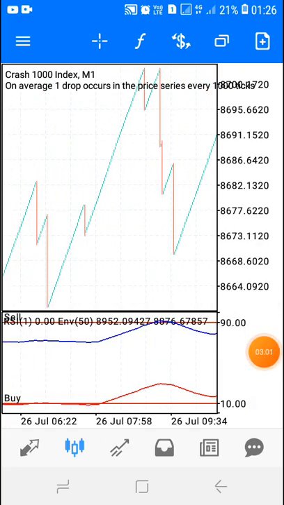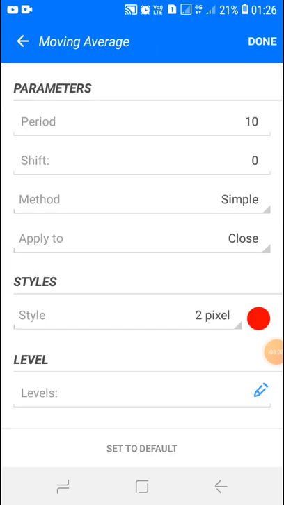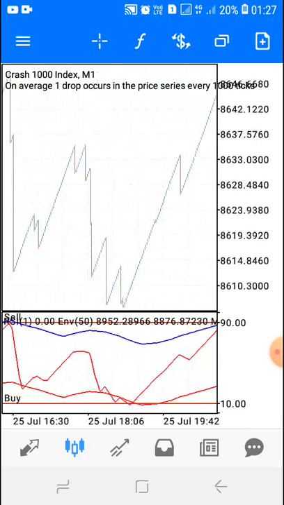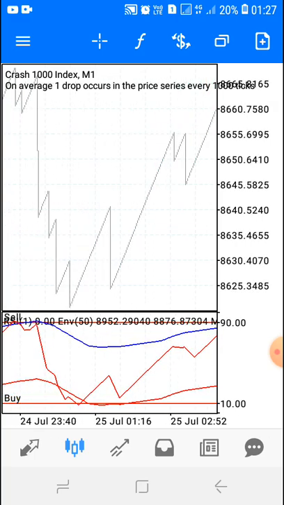So our next indicator is going to be our moving average, and make sure your parameters are like this. The period should be 10, shift 0, method simple, apply to close, styles 2 pixel red, and you should have no levels. The reason why you need this indicator is because it is going to help you take early entries.